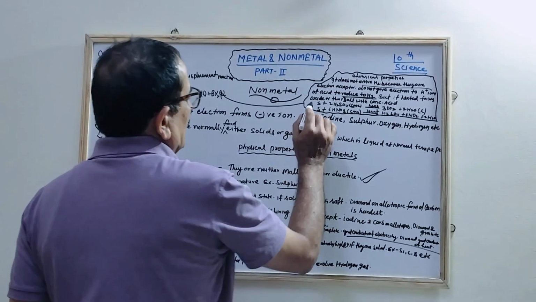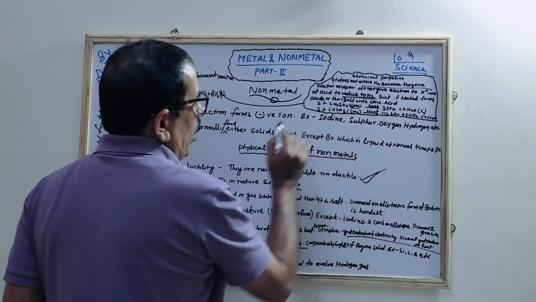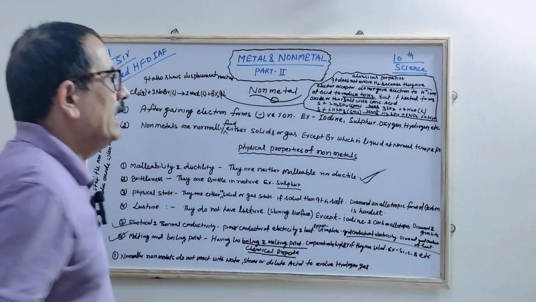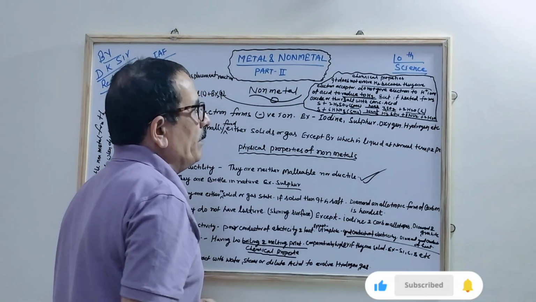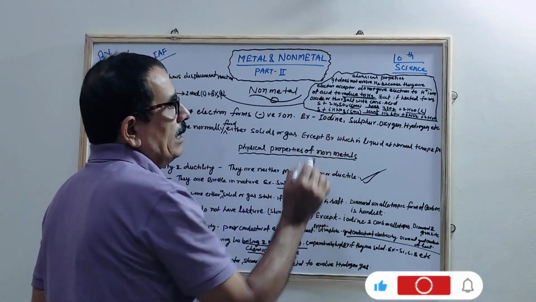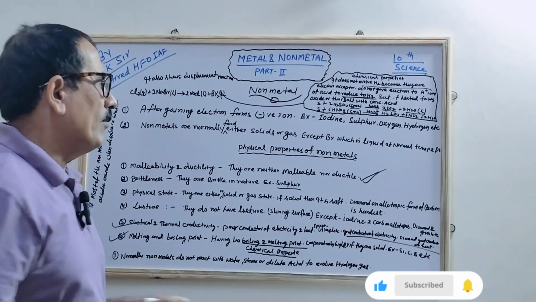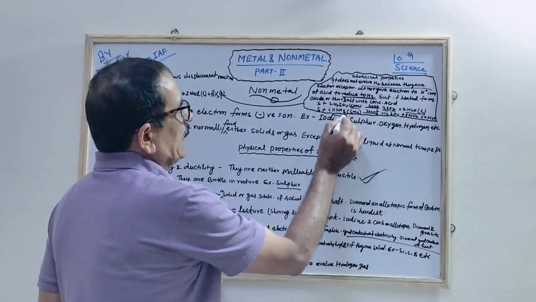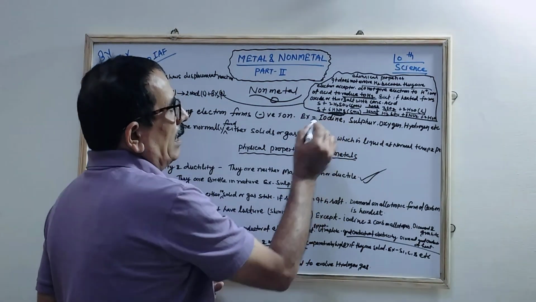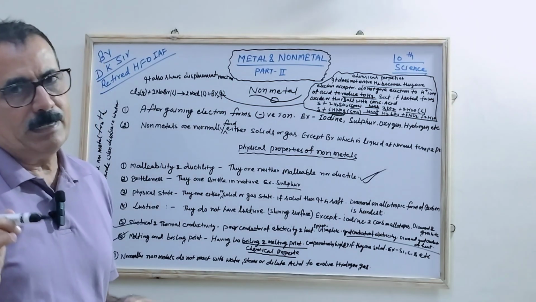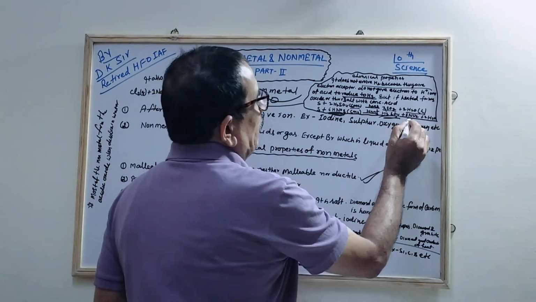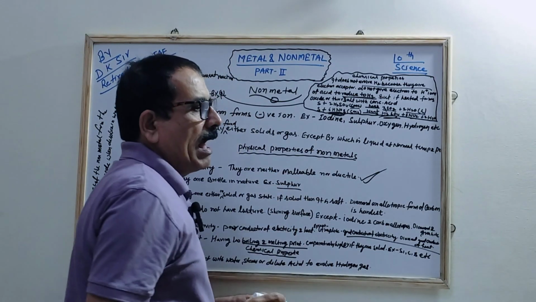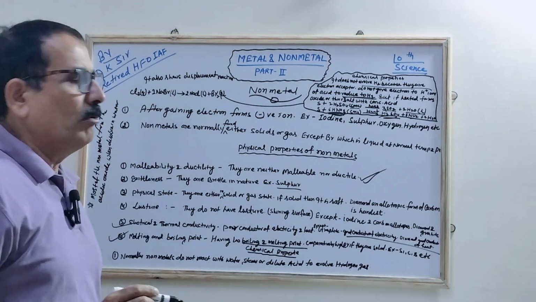We can see sulfur plus concentrated H2SO4: if heated, it makes sulfur dioxide and water. If sulfur is heated with 6 molecules of concentrated nitric acid, it forms H2SO4 plus NO2 plus H2O, that is water.